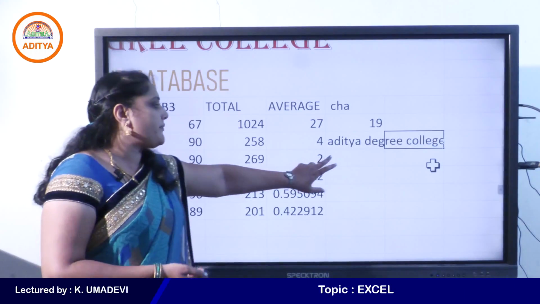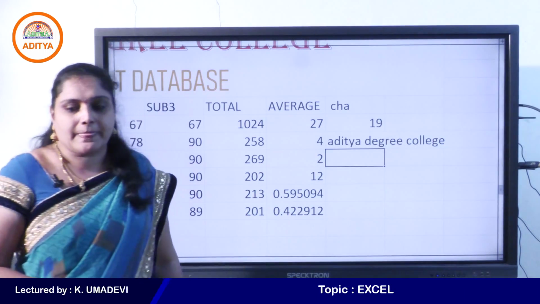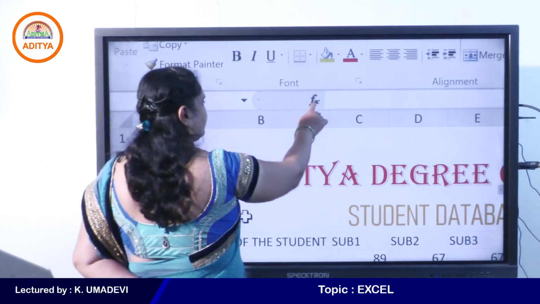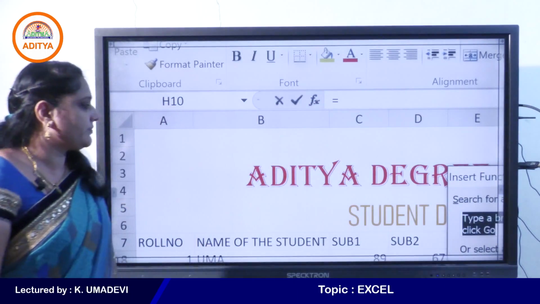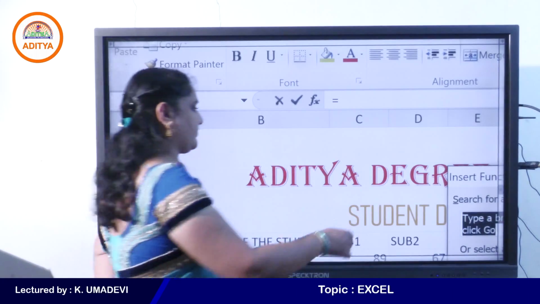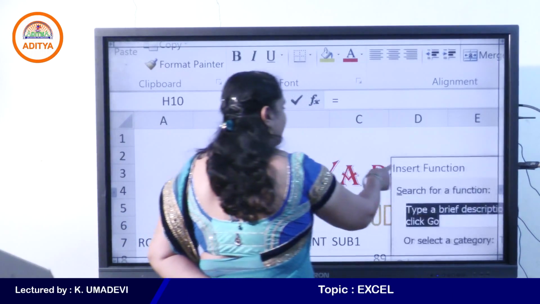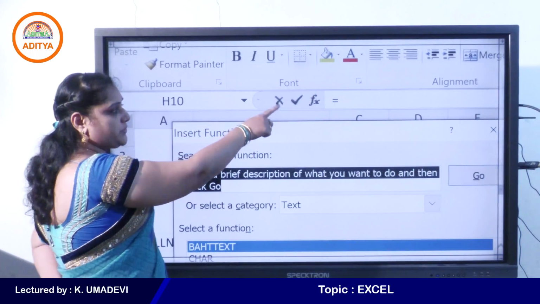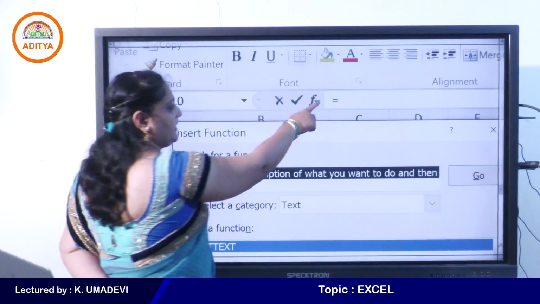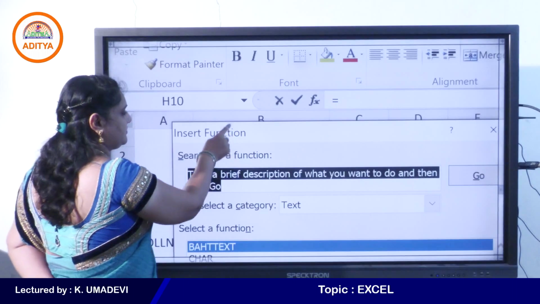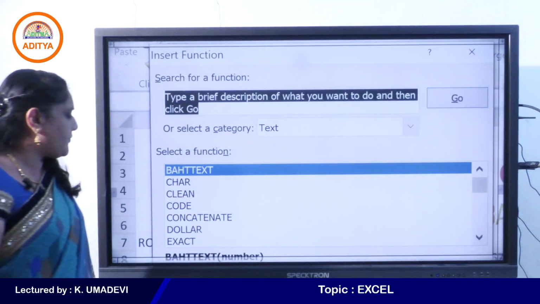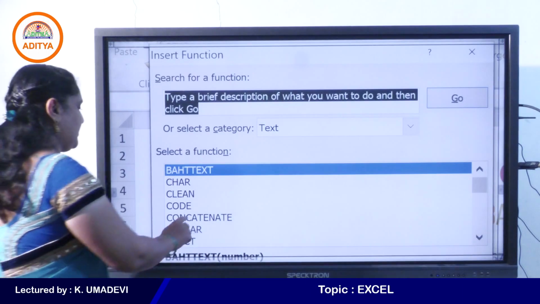Now what is the use of concatenate? What is the use of concatenate? See, when you click on FX button, see the equal to is automatically displayed on formula bar. So what is the use of concatenate?